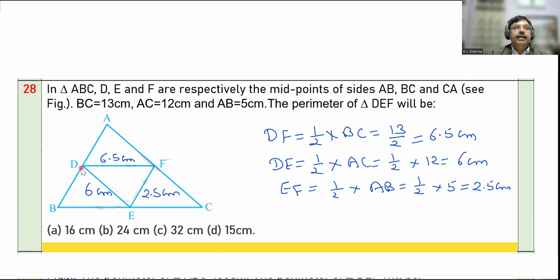Then perimeter of triangle DEF is 6.5 plus 6 plus 2.5, that is 15 centimeter. So the answer is 15 centimeter.